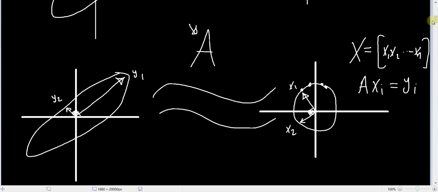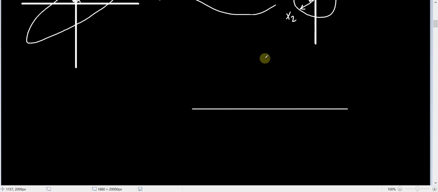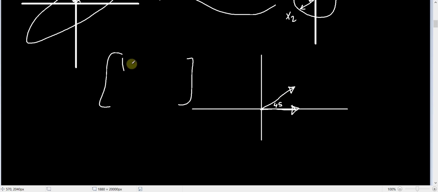Suppose, for example, you have two vectors here and here, and the angle between them, let's say, is 45 degrees. If you multiply those two vectors by a scaling matrix where you have 100 here and 1 here, and 0 here and 0 here, then after the transformation, this vector will be much longer in this direction, while for the other vector you will scale the x component by 100 and not change the y component at all.